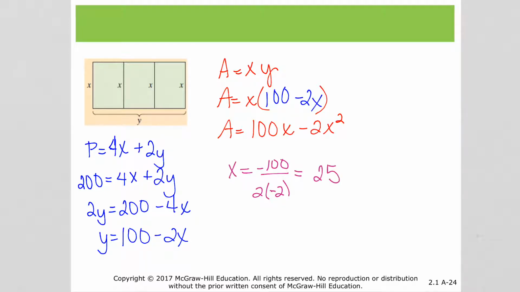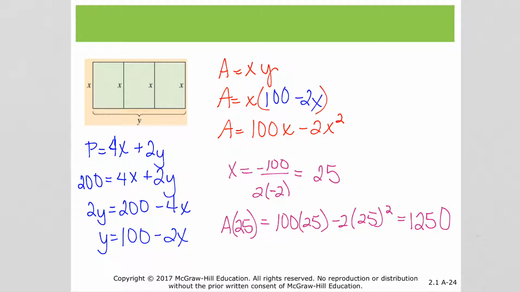Okay, then we want to find A, and remember that A is the area. So we're going to plug in 25 for x. And that gives us an area of 1,250.